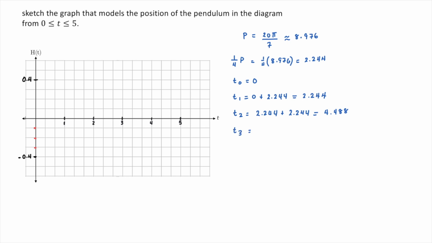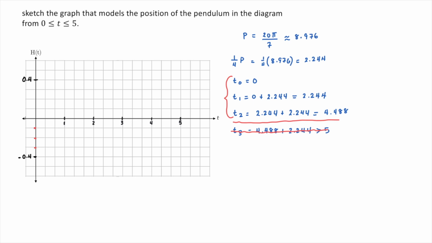If we compute t sub 3, we're going to have 4.488 plus 1/4 of the period, 2.244, and this is clear that this will be bigger than 5. So we're not going to be plotting t sub 3. We're just going to plot these 3 t values right there, so up to t sub 2. We're not going to plot this one here.